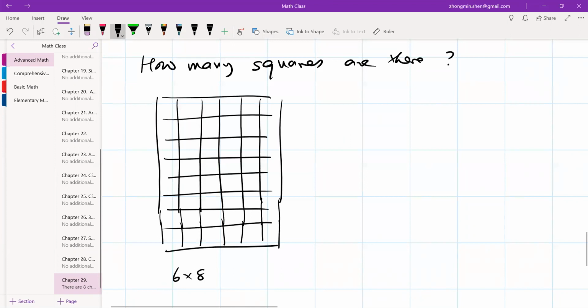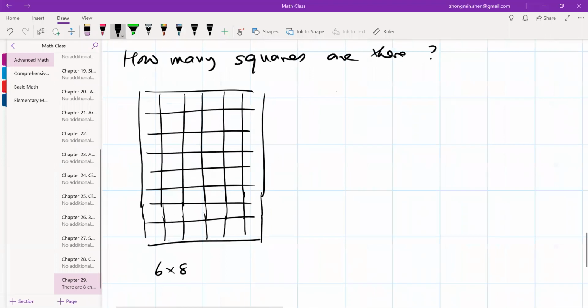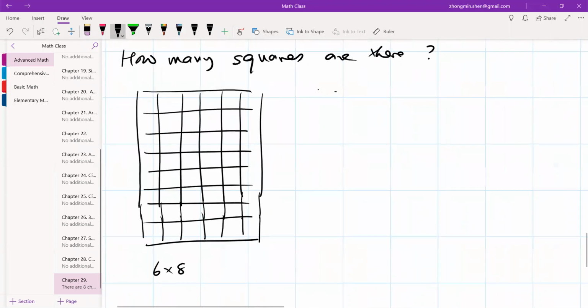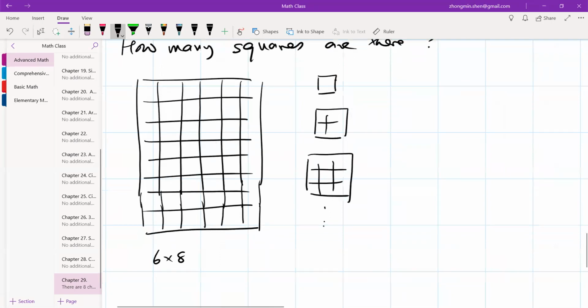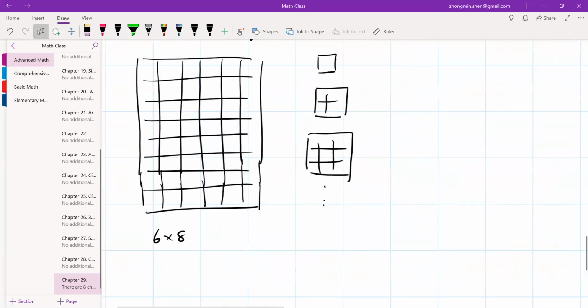So you have to count in a different way. This time, you count in the following way: the number of 1 by 1 squares, 2 by 2 squares, 3 by 3 squares, and so on.